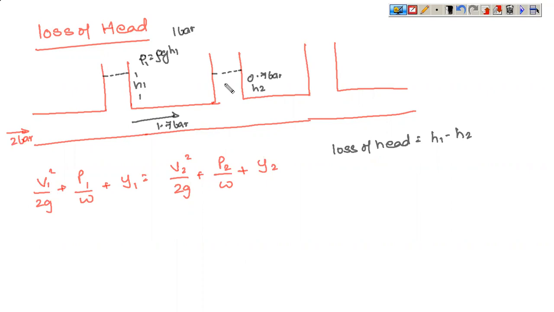If the diameter here is less, then again the pressure will increase or decrease depending upon the continuity equation, which says that A1 V1 is equal to A2 V2, and this is equal to the discharge Q. If the diameter is less, area will be less, velocity will increase. If velocity increases, then pressure will decrease. So again you have a drop.